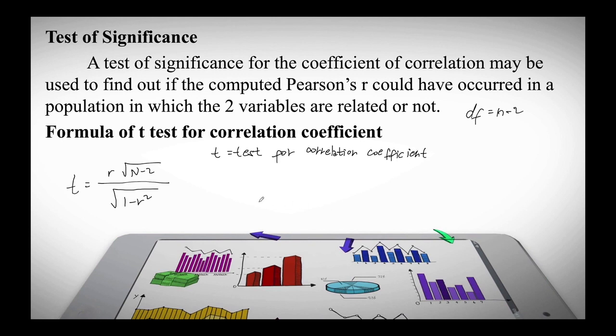Then, the R here is yung na-compute natin na correlation coefficient itself. And lastly, we have the N. So, this is the number of paired samples. Okay, just like the previous na mga topics natin. Yun pa rin yung N.